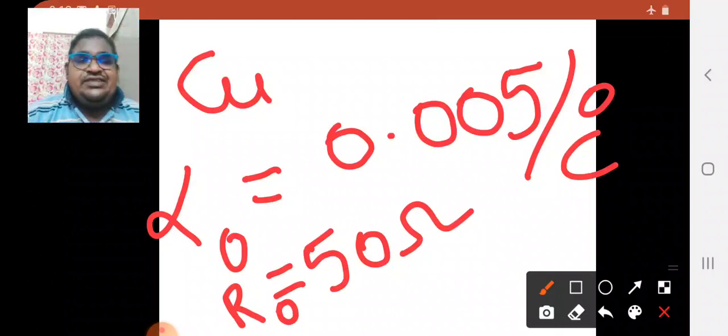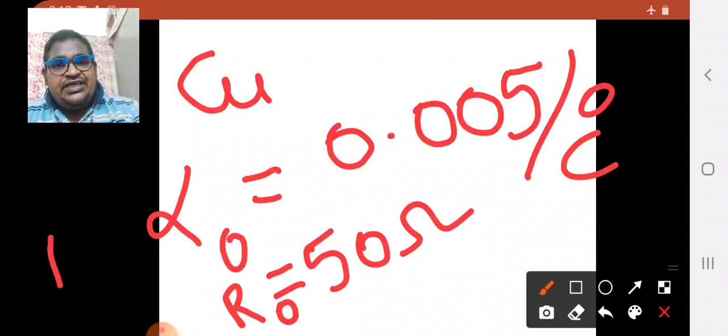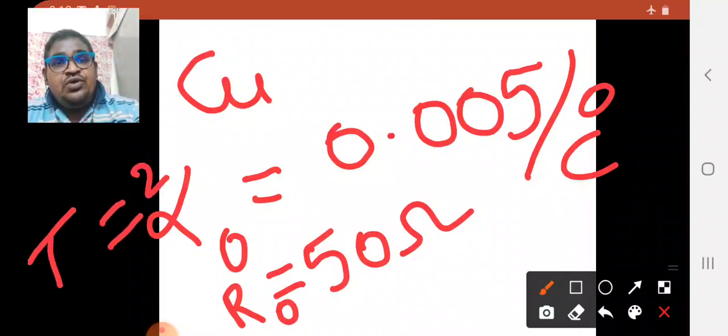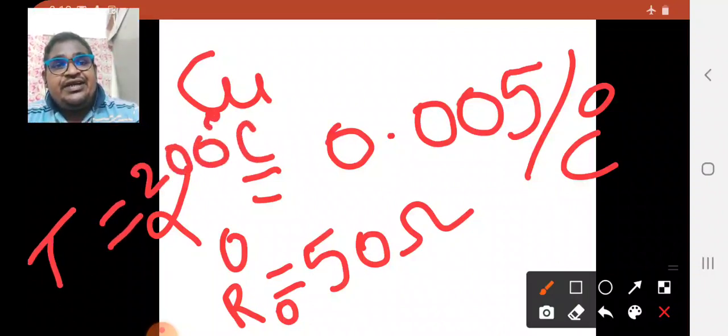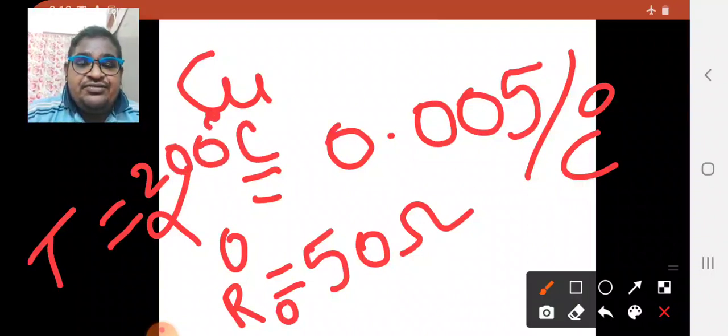Now my question is, how much resistance is offered by the copper when temperature is increased to 200 degrees centigrade? How do we find this value?